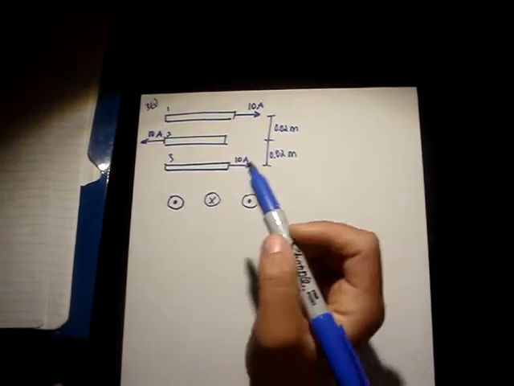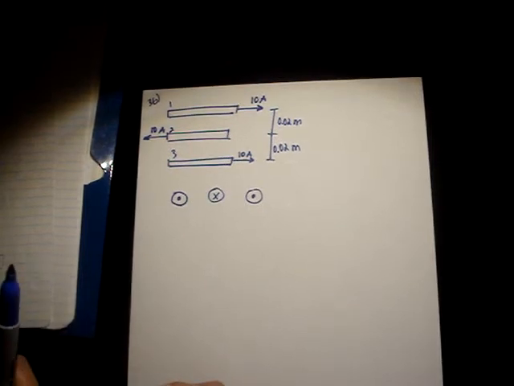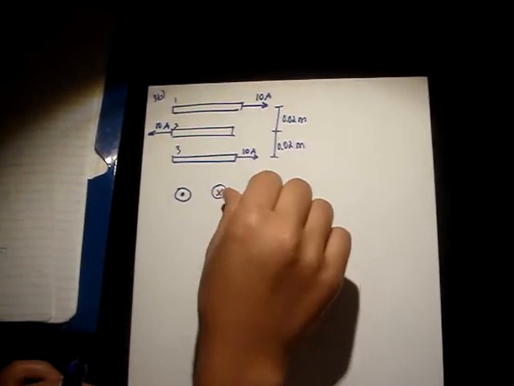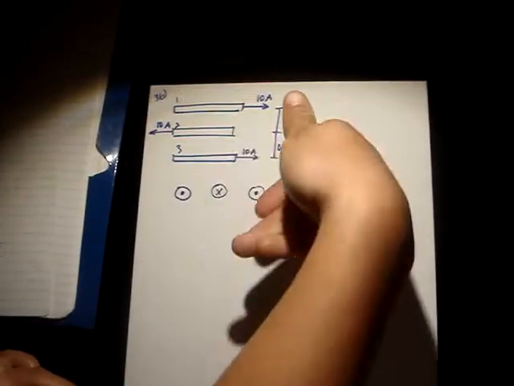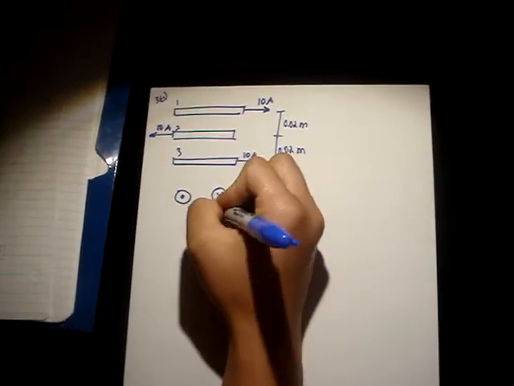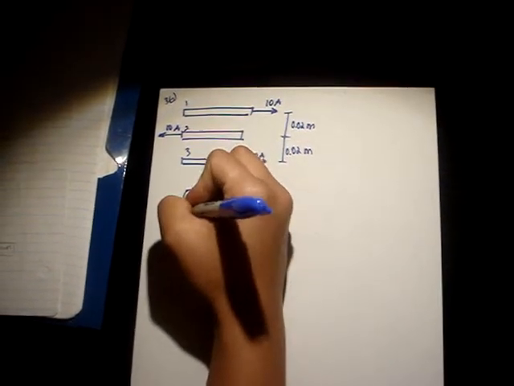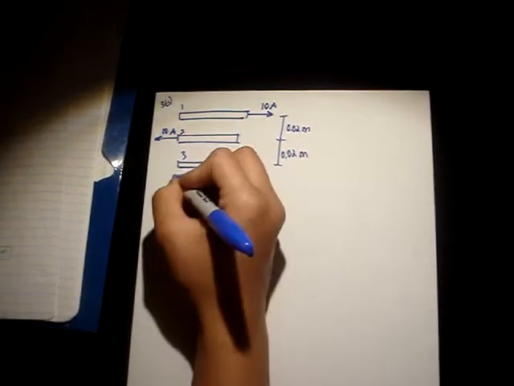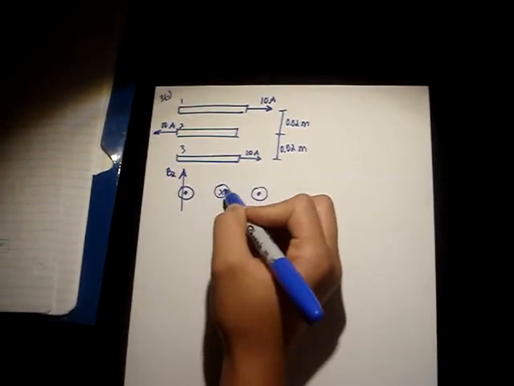For the force on wire 1 from wire 2, we use the right hand rule. The current is going into the page, and we curl our fingers around the wire, so the field goes clockwise, and it's going to go up through wire 1. That'll be the magnetic field from the second wire.